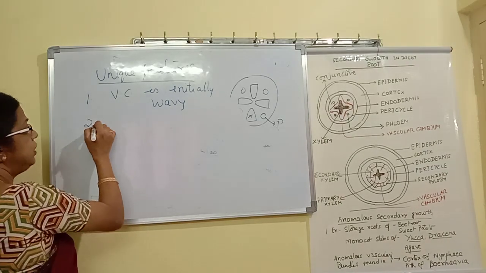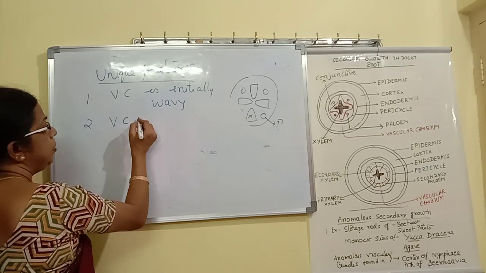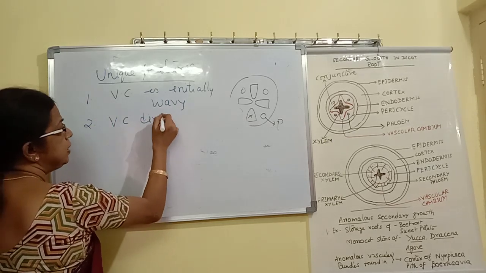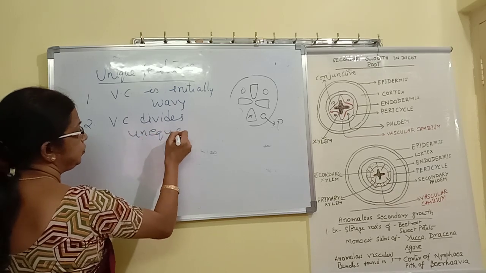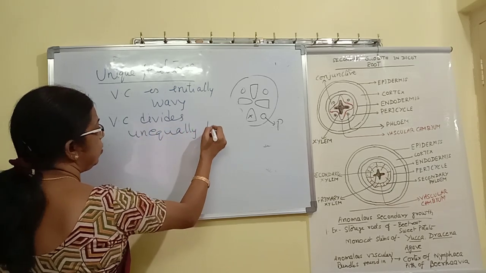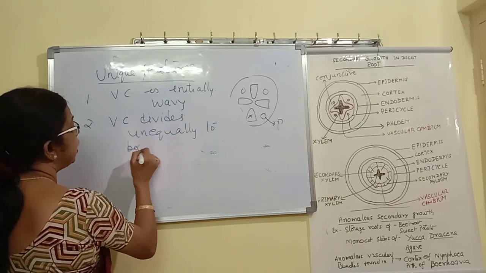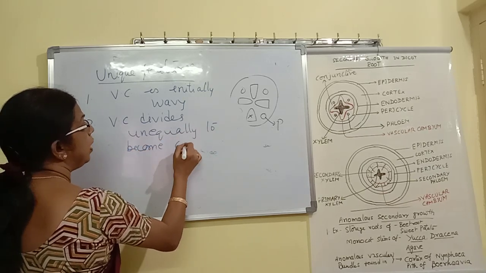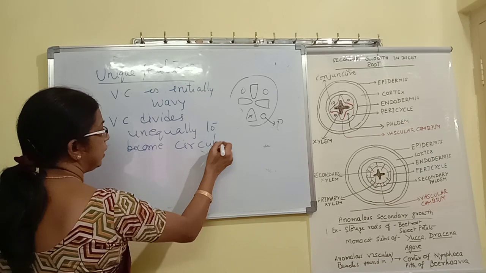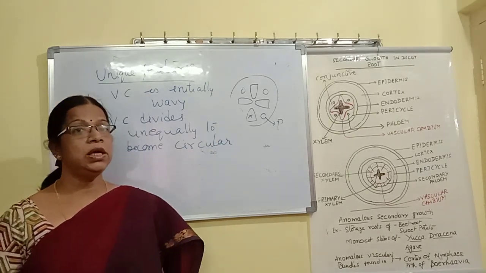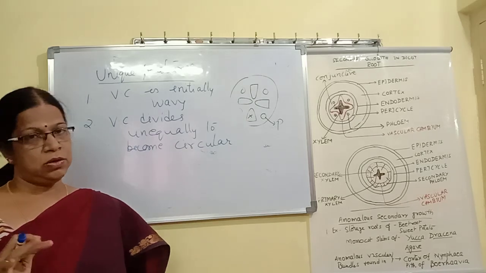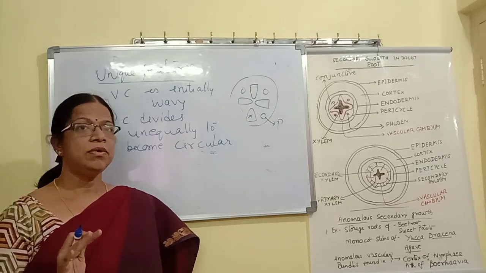Then second feature, vascular cambium divides unequally to become circular. That is another unique feature.